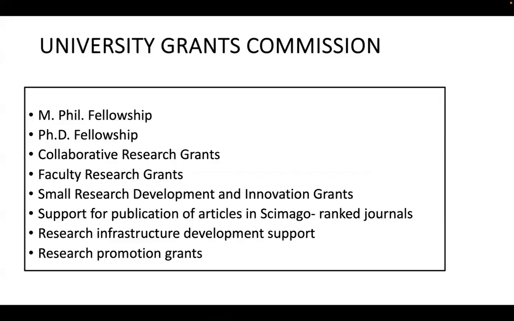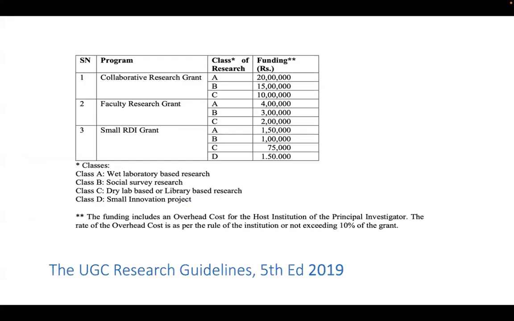So coming to another important source of grants for faculty, that is the UGC, University Grants Commission. They give grants under different headings like fellowships in MPhil, PhD, research promotion grant, and infrastructure development grants. Our main focus is on these three grants: the collaborative research grants, the faculty research grants, and small research development and innovation grants.